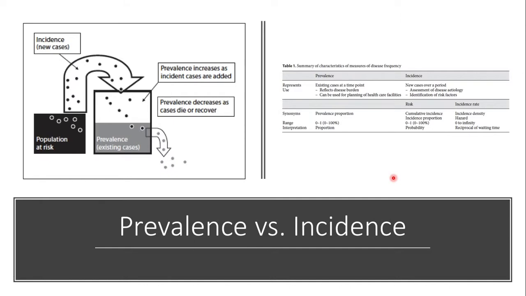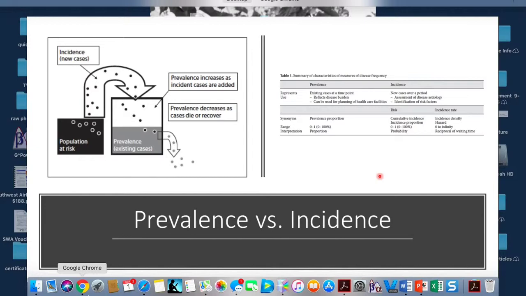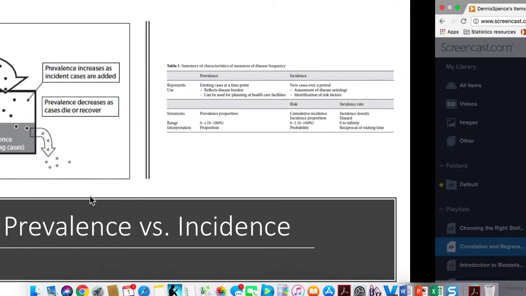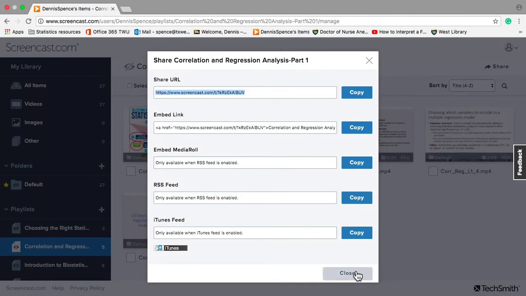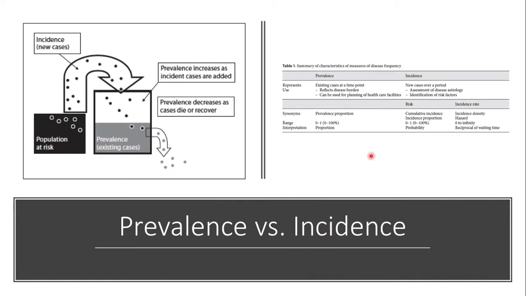You have the population who is at risk, and incidence is the number of new cases, and that goes into that prevalence bucket. Prevalence increases as the incident cases are added, and prevalence decreases as the cases die or recover over time.